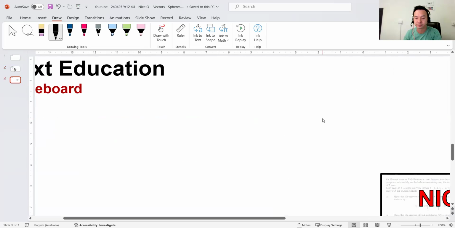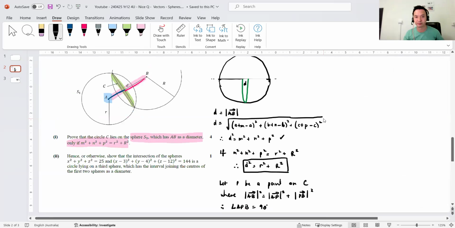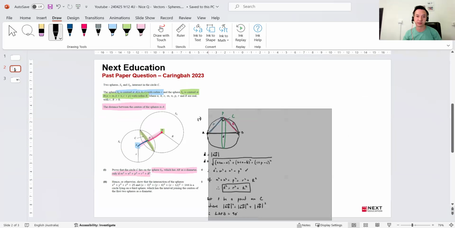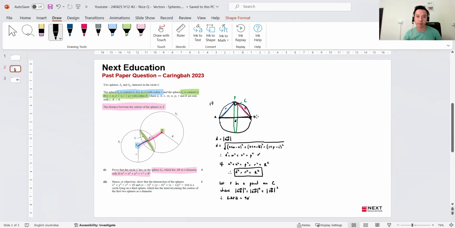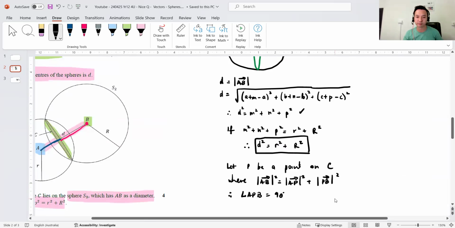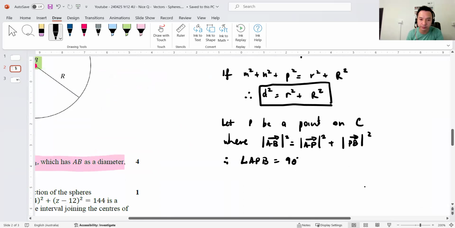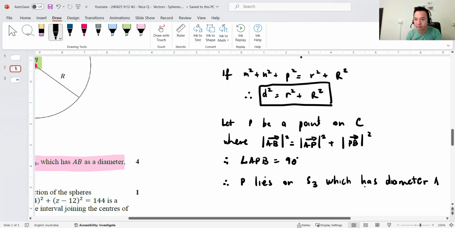And the moment you prove that it's 90 degrees, we can demonstrate that it's a sphere. So therefore, I've got no space. Can I just quickly move this up here? So therefore, once I've proven that, then P lies on the sphere S3, which has diameter AB or D. Does that make sense?